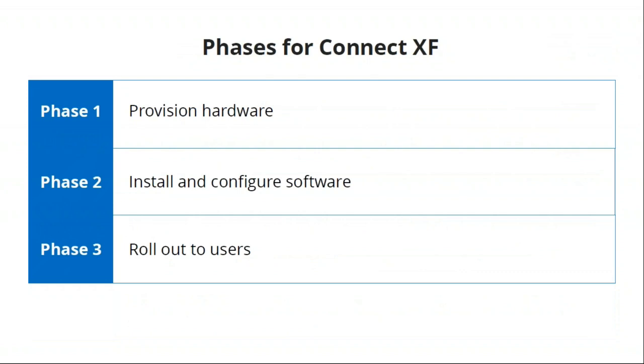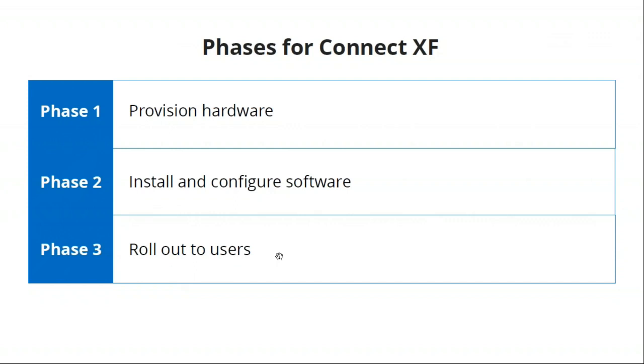Phases for Connect XF, that means in-premise setups. For an in-premise setup, if you want to use Baya V3, the first phase is to provision the hardware. We will not touch the existing setup. There will be new hardware, and in phase 2, the Baya V3 software will be installed and configured on this new hardware, and in phase 3 it will be rolled out to the users.